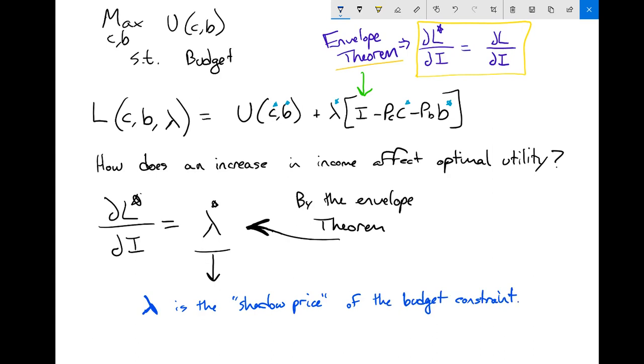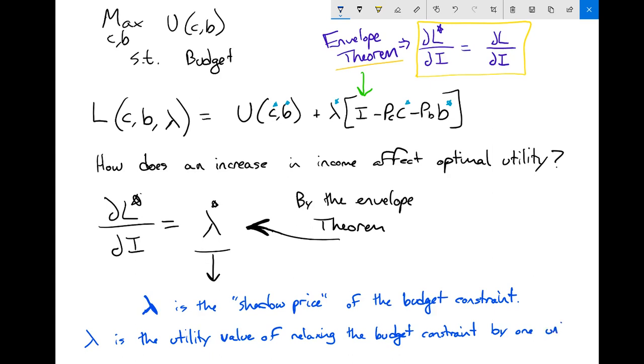Well, let me elaborate. Lambda is the utility value of relaxing the budget constraint by 1 unit.